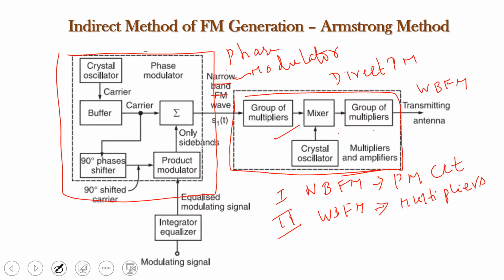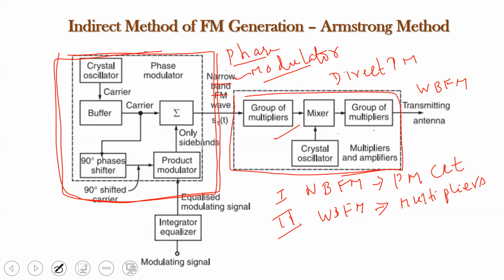So, if you look into the general block diagram, at the output of this first sequence of blocks, which we have named the phase modulator, we have generated a narrowband FM wave. The bandwidth of the wave generated here will be less. The frequency will also be less.